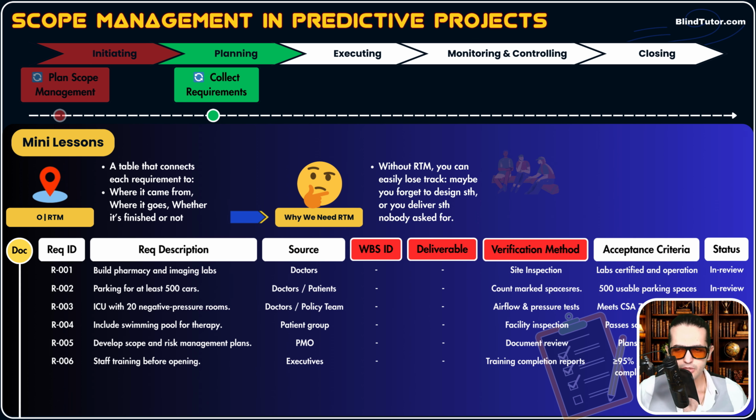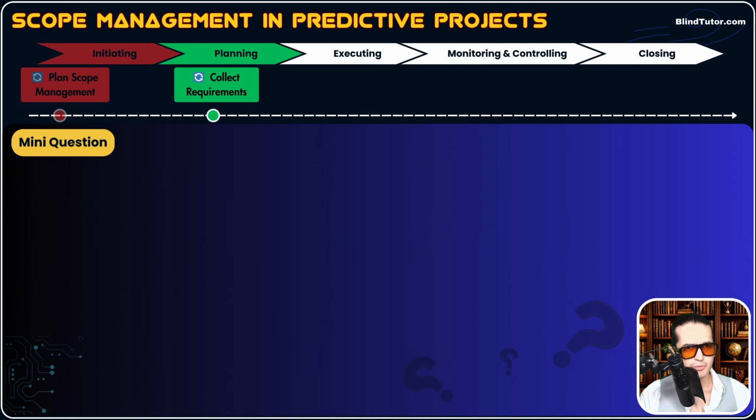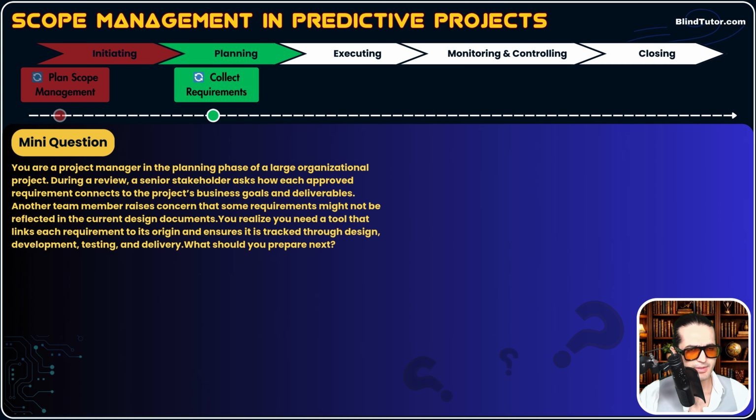Great. Let's see what type of question you may get from RTM, because we're going to use the term RTM a lot throughout this tutorial. All right, guys, let's see what type of question you may get from the second output of the collect requirements process. You are a project manager in the planning phase of a large organizational project. During a review, a senior stakeholder asks how each approved requirement connects to the project's business goals and deliverables.